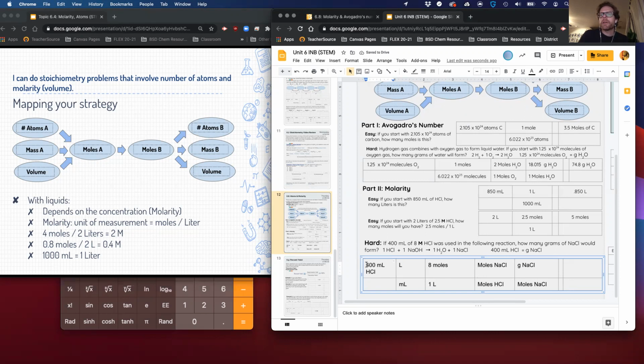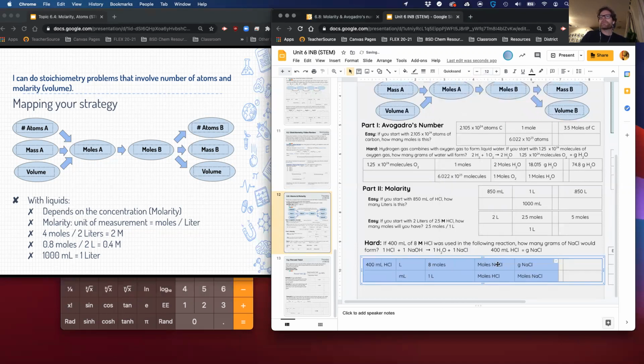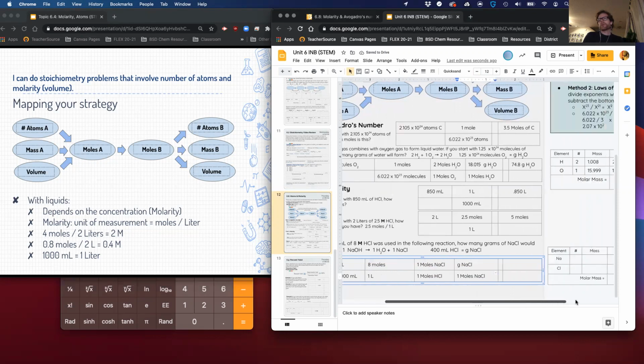Okay, so let's go ahead and do some work with it. You ready? Let's do it. So this one right here, it's 1,000 milliliters for every 1 liter. I look at this, it's a 1-to-1 ratio, so that's kind of nice. And then my side hustle here is determining my molar mass of NaCl.